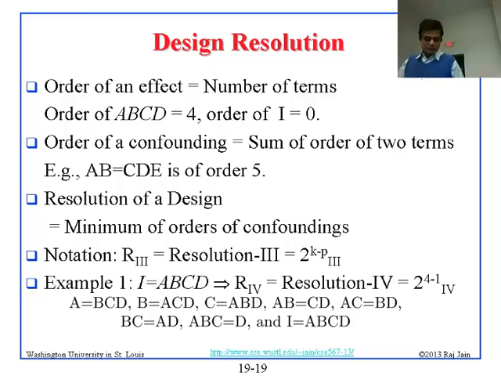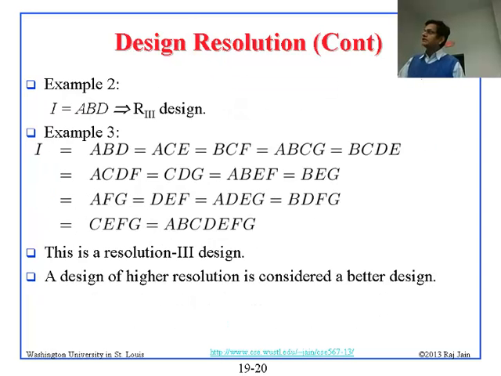Right? So this one is, sorry, where am I? Yeah, this is the resolution 3 design. And so this is not as good as the previous one, which is resolution 4 design. Resolution 4 design is better because you are taking bigger interactions and causing the confusion. The design of high resolution is considered a better design.